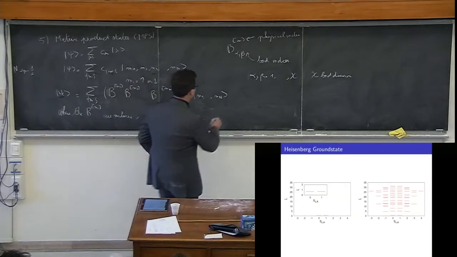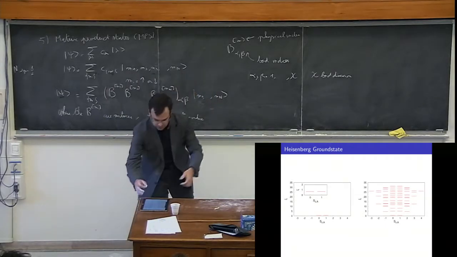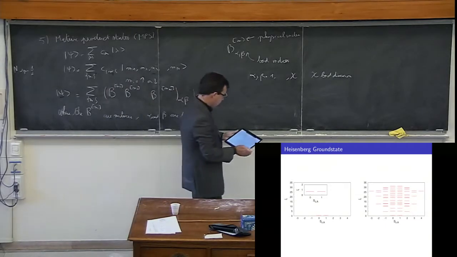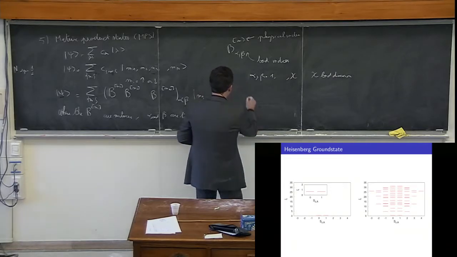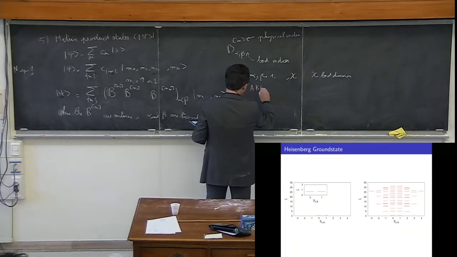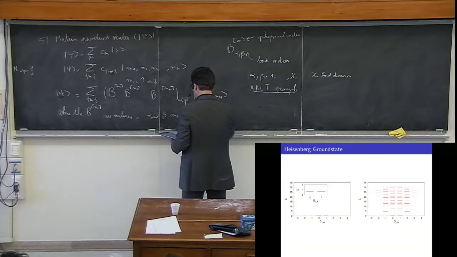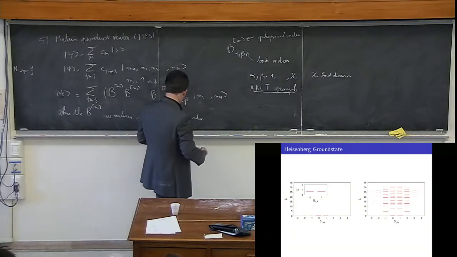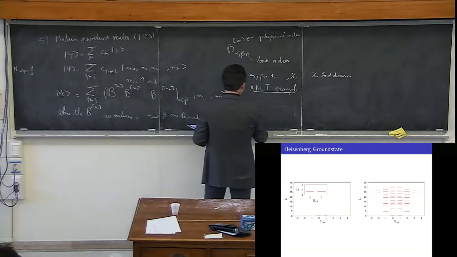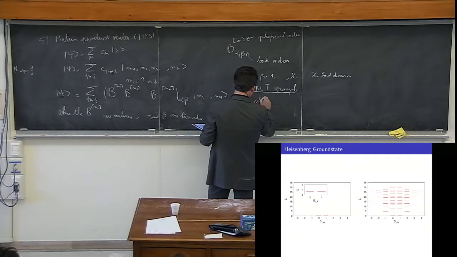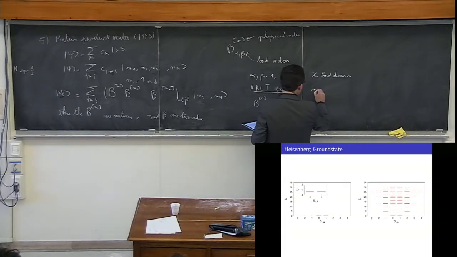Just as an exercise, you can look at the AKLT example. So now M will be +1, it's a spin 1.